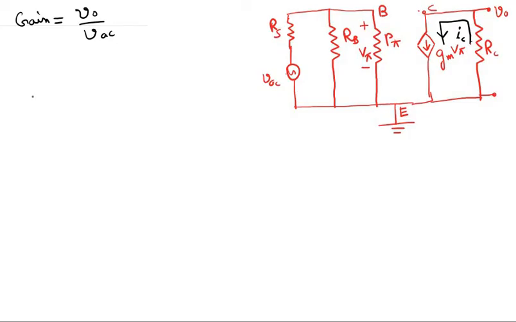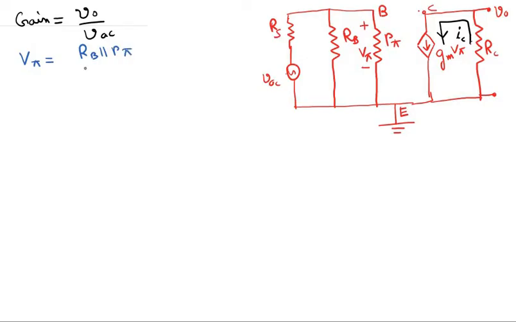Okay, so we first need to find this voltage drop V pi across the resistor R pi over here, because the collector current depends on the voltage V pi. So V pi is basically equal to RB parallel to R pi.